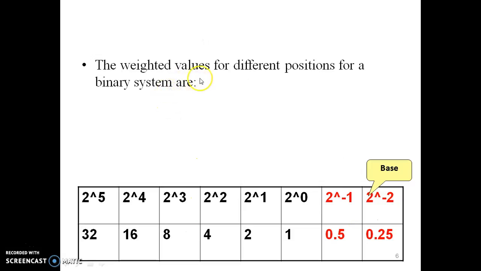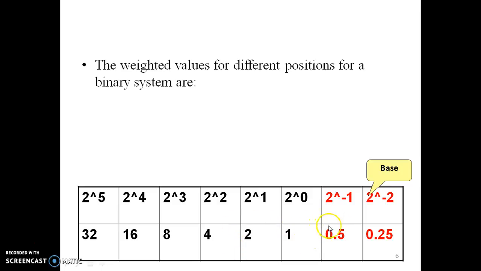The weighted values for different positions for a binary system are, see here, these red numbers are to the right of the decimal point, and these are on the left side of the decimal point.